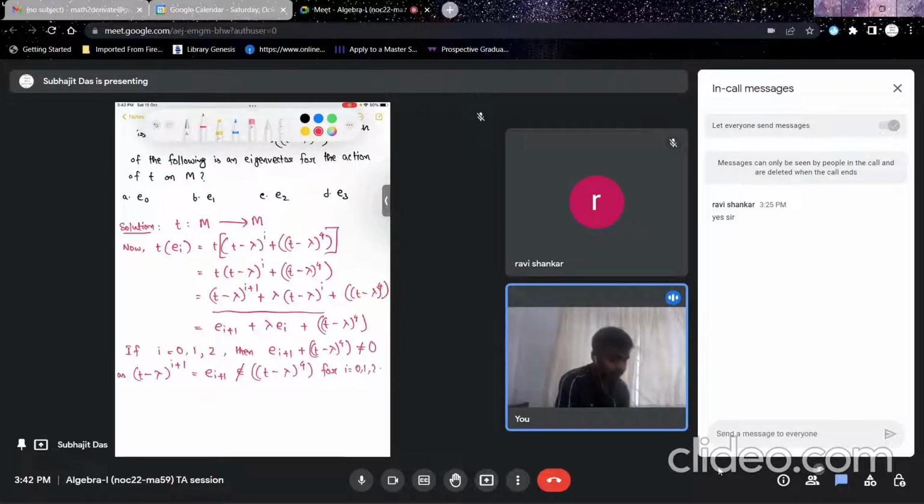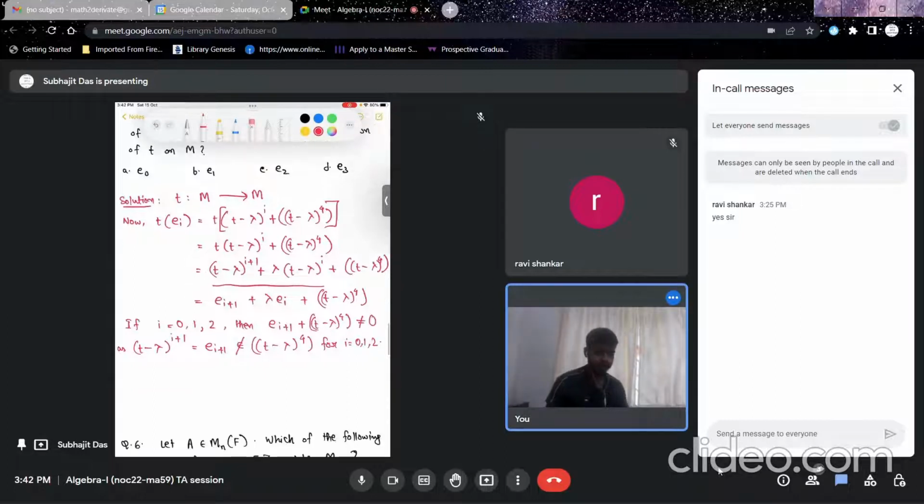If i is 0, then (t minus lambda) to the power i plus 1 is just t minus lambda. If i is 1, it's (t minus lambda) squared. If i is 2, it's (t minus lambda) cubed. But none of them can belong to the ideal generated by (t minus lambda) to the power 4, as otherwise (t minus lambda) to the power 4 would divide a power of it smaller than 4, which is impossible, right?